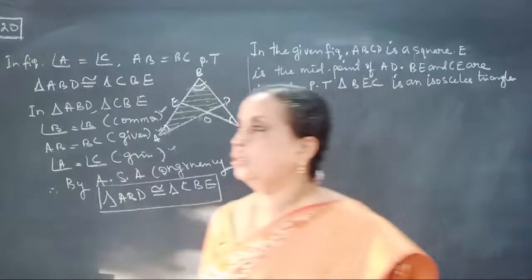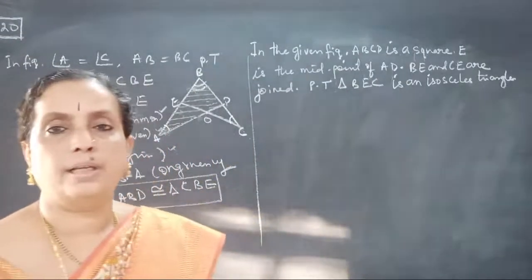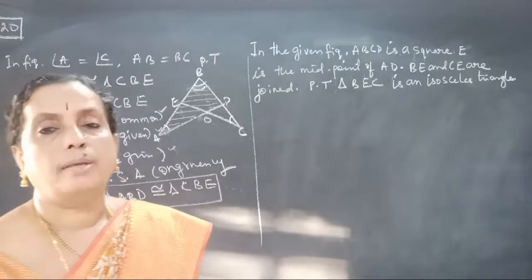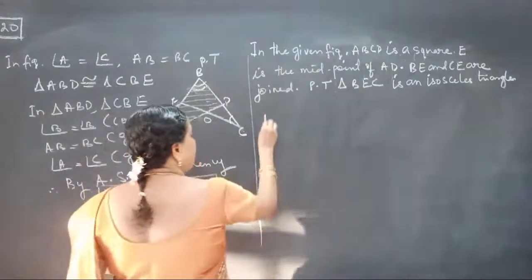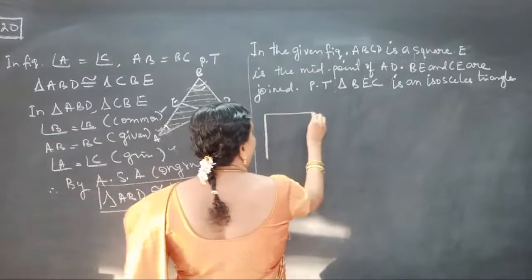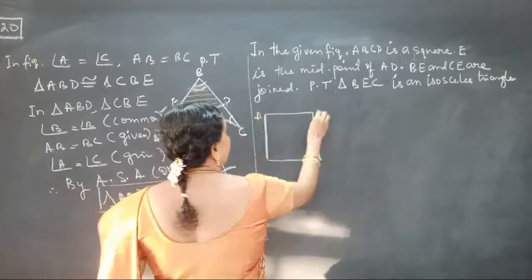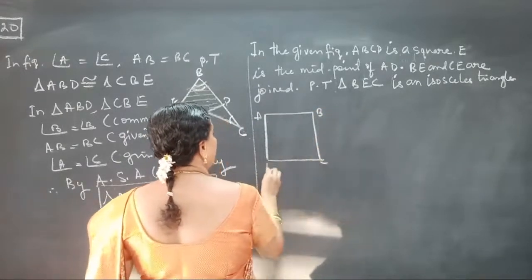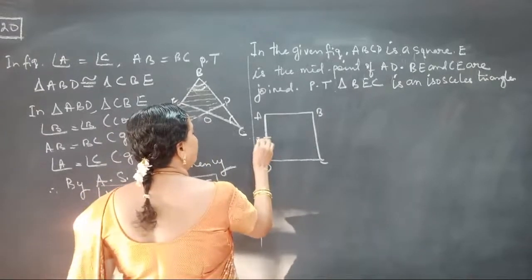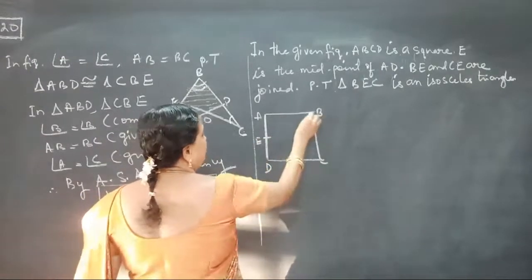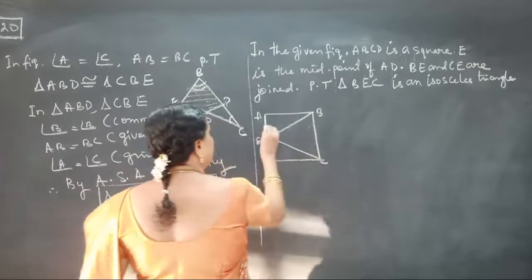So based on the question, draw the figure. The first basic figure here you have to show ABCD is a square. E is the midpoint of AD. BE and CE are joined.